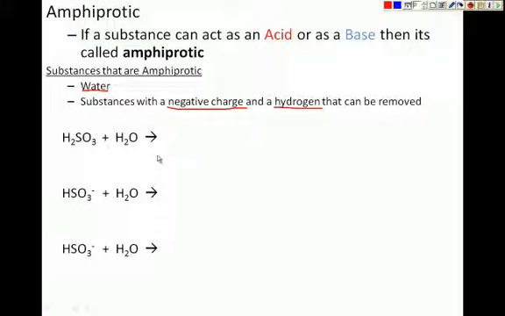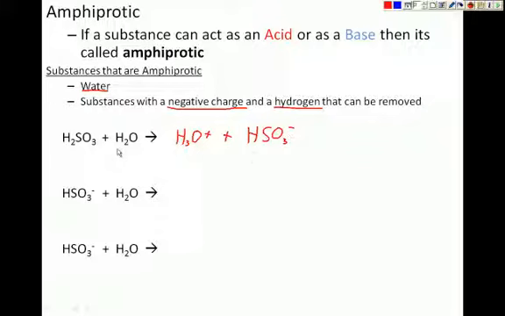So here is H2SO3, sulfurous acid, combining with water, and that is going to make H2SO3 donate a proton to H2O and make H3O plus, and it's also going to make HSO3 minus.